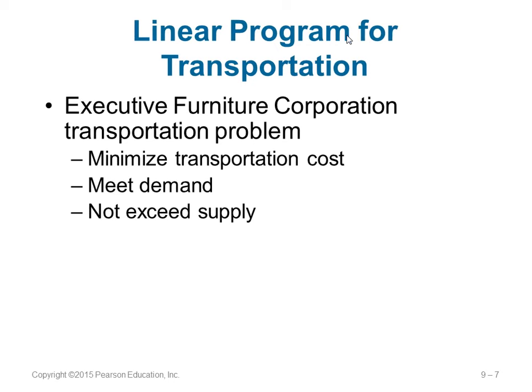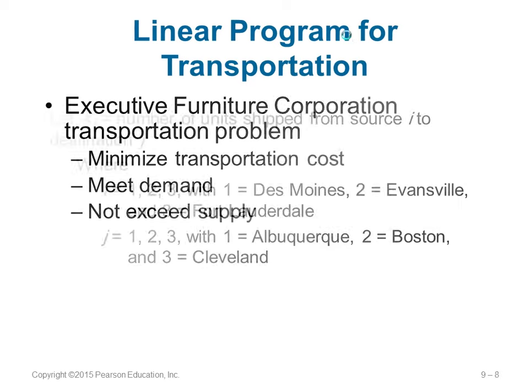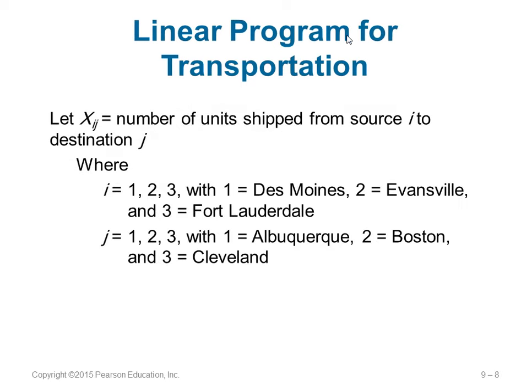Here is an example of a transportation problem where we want to minimize the cost, meet the demand, and not exceed the supply. Let's say we want to send an item from source i to destination j. It is represented by Xij, and the source locations and destination locations are given here.